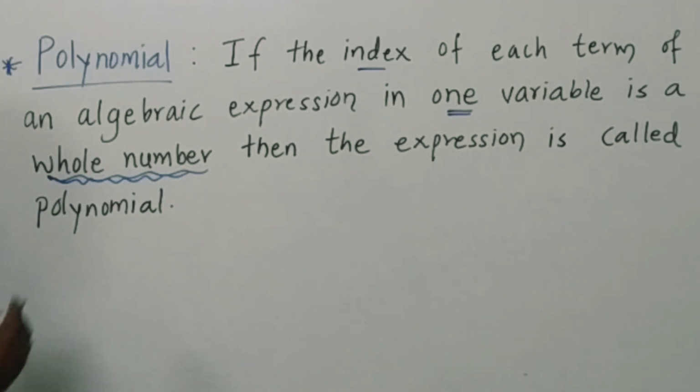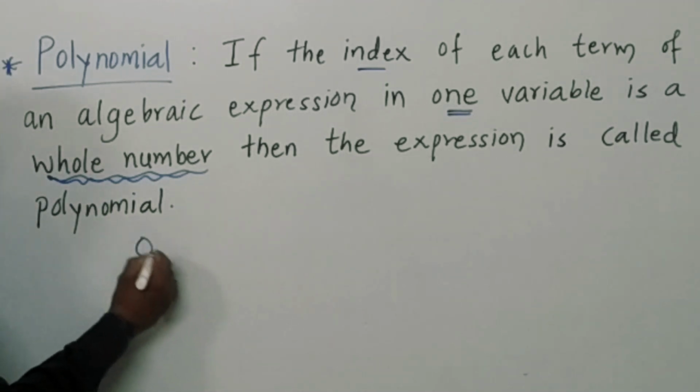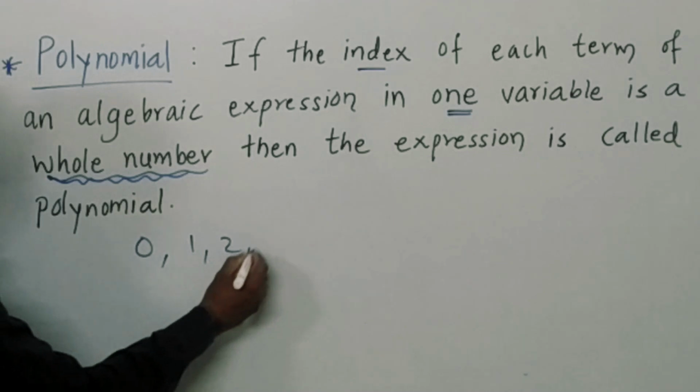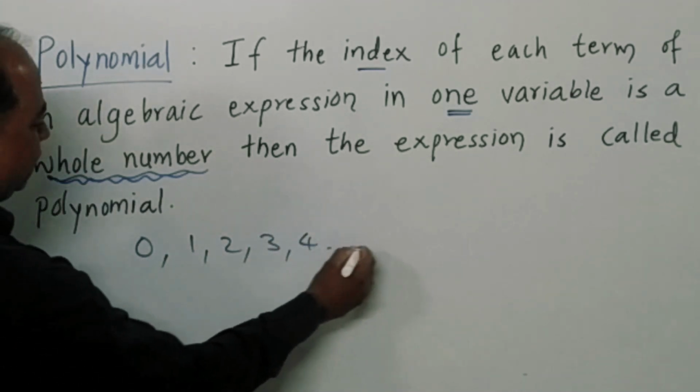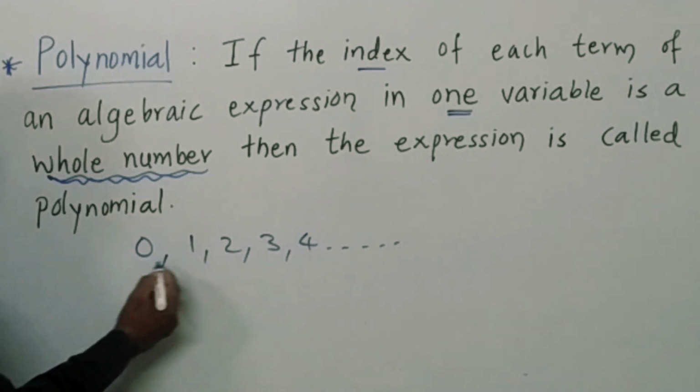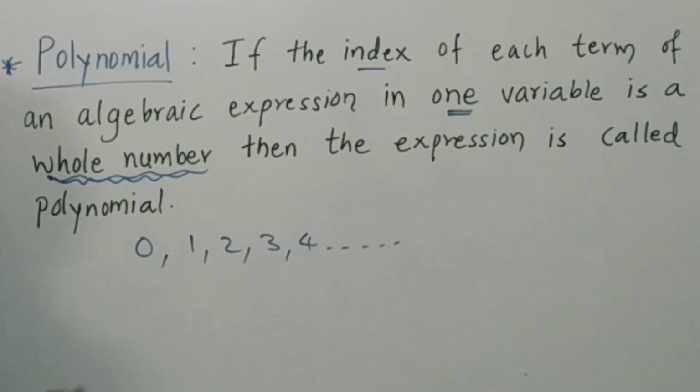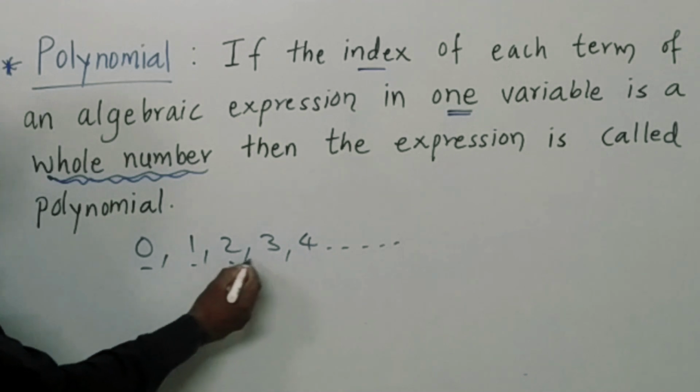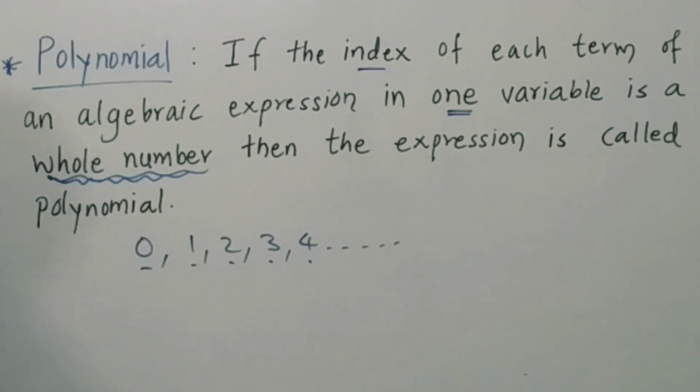Which are the whole numbers? The set of whole numbers is 0, 1, 2, 3, 4 and so on. If the index of the algebraic expression in one variable is 0, 1, 2, 3, 4, that is whole number, then that expression is called a polynomial.